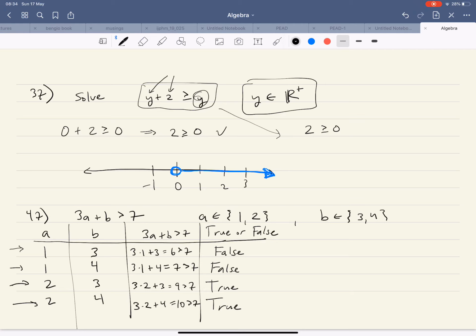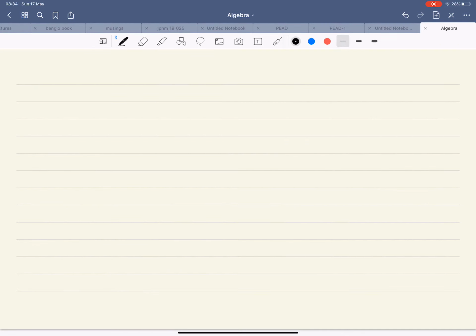Let's do one final problem, one last example problem, which is going to be number 53 from your book.